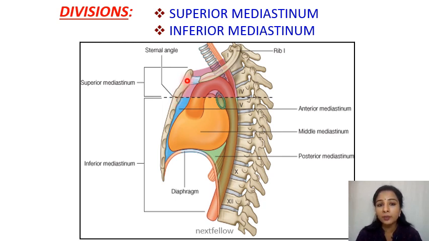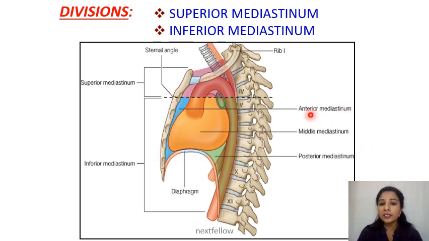From between the manubrium and body, an imaginary line starts posteriorly, horizontally towards the lower border of T4, the fourth vertebra. The pink shaded area is the superior mediastinum and below is the inferior mediastinum.